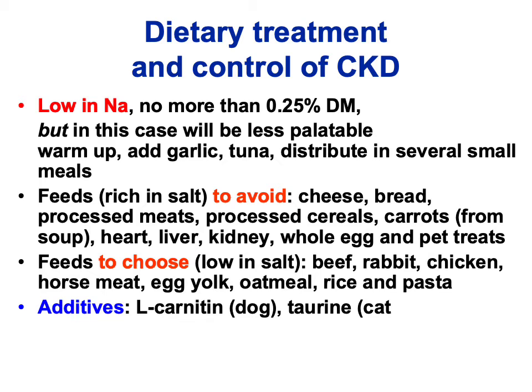You have to warm it, you have to give a little bit of spice, like garlic, some tuna and sardine, and distribute the daily feed ration into several small meals.